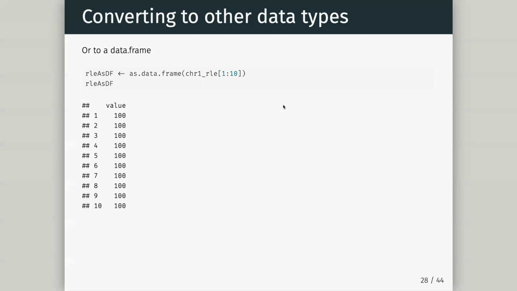If we want to extract values from a bigWig and then pass this to ggplot to plot, we're going to want to turn it into a data frame, and we can do that very easily with just as.data.frame straight on the RLE object, and now it's going to give us the value, what was at that position, and the actual position as the row name. So that's really handy, and we're going to do that in the exercise. Get a bigWig, basically make your own kind of IGV plot over a region.